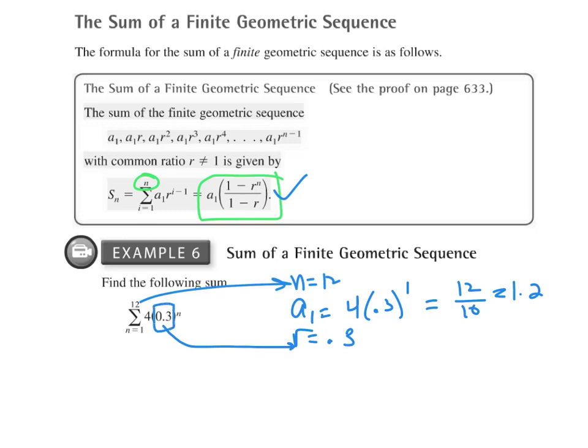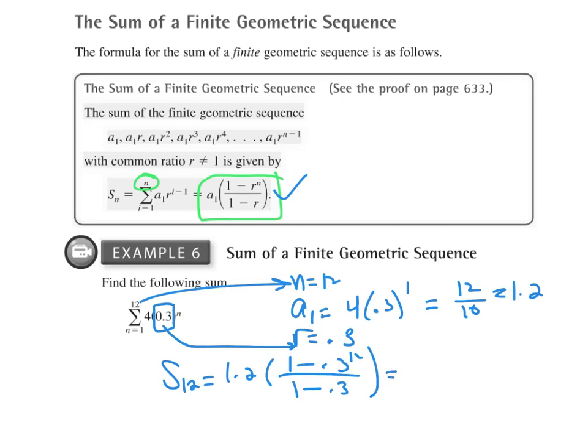Okay, so if we plug in for our formula, they want to find the sum of the first 12 terms by using this formula. a1 we said was 1.2. Make sure if it doesn't come out to a nice decimal though, you actually use the fraction because otherwise you're going to get a wrong answer. 1 minus 0.3 to the 12 over 1 minus 0.3.